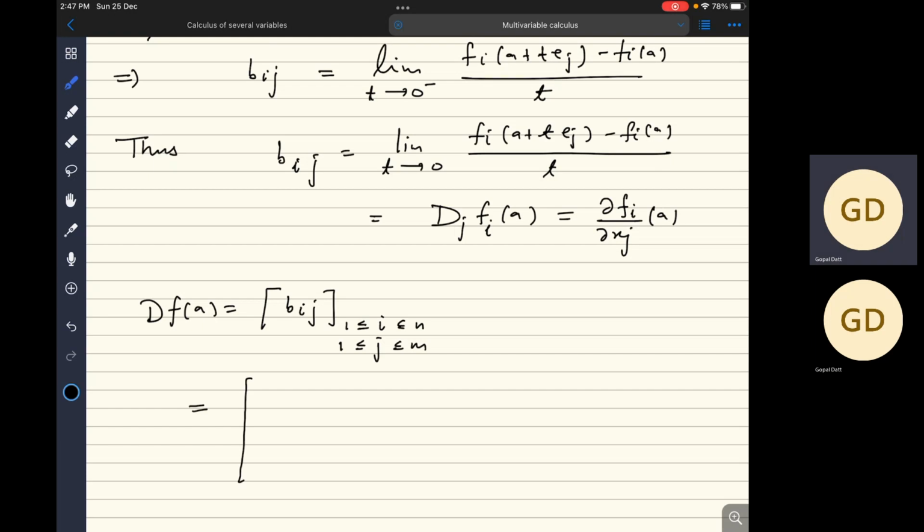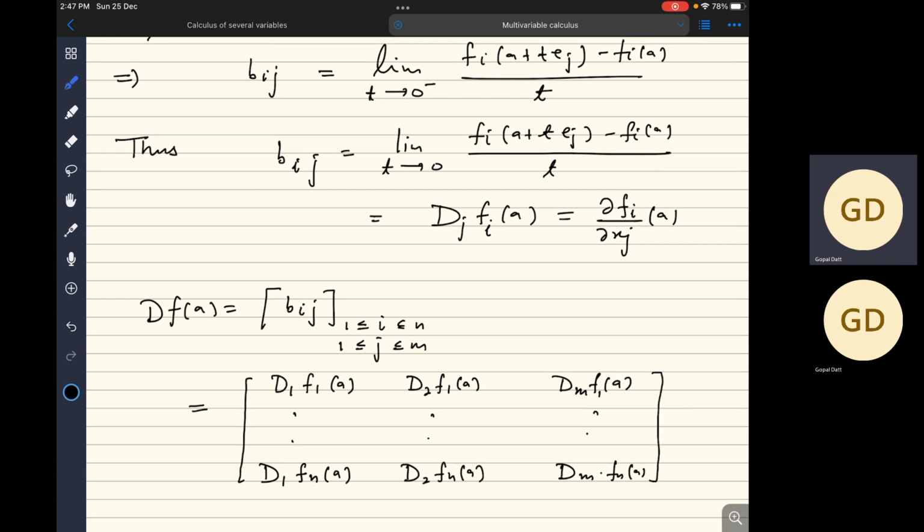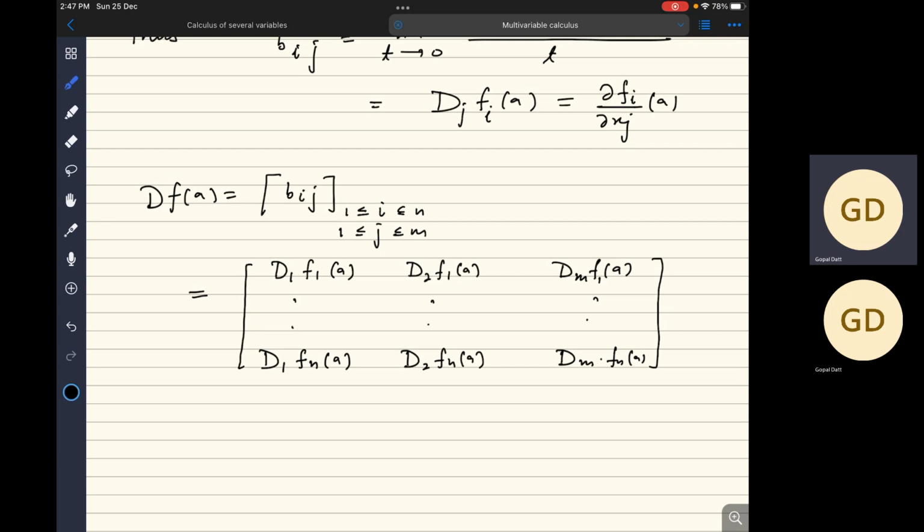So this first row would be D1f1(a), D2f1(a), Dmf1(a). Similarly, this would be D1fn(a), D2fn(a), Dmfn(a). So here we have n rows, m columns. So this is an n cross m matrix.